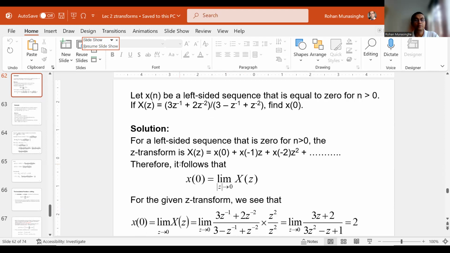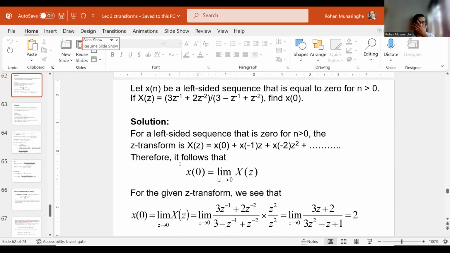Let's do a little example. You can see it over here. x[n] be a left-sided sequence, right? Now it is a left-sided sequence, not right-sided. Right-sided means you start at 0 and you go to the right, positive time, right? And this is a left-sided sequence, which means you start at 0 and you progress to the negative time.